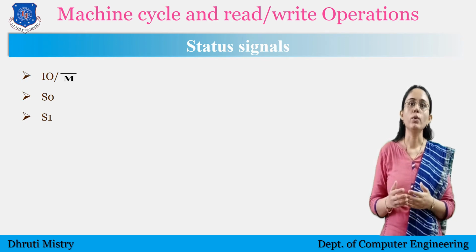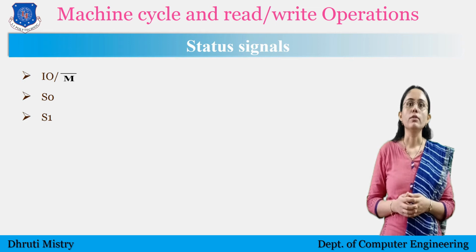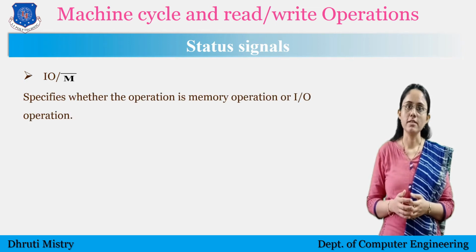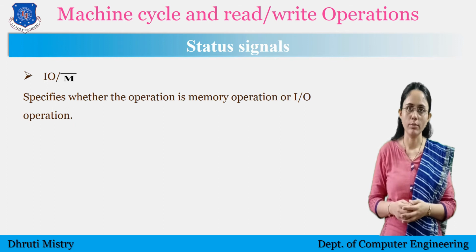Let's see how to write values of these status signals in the timing diagram. First of all, we will take the input-output memory bar signal. This signal specifies whether the operation is a memory operation or an input-output operation.